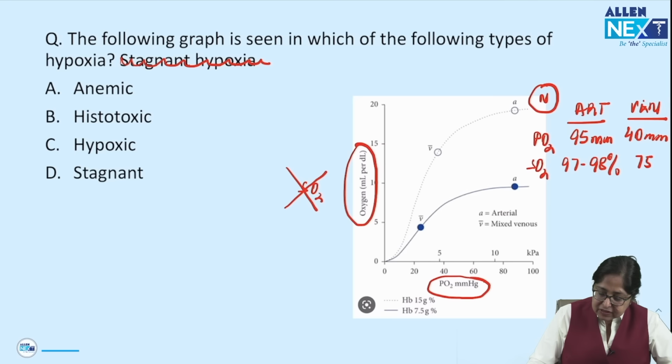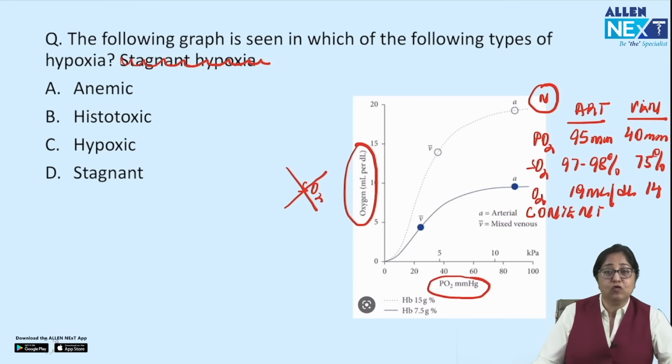Venous blood is 75% saturated. But if you talk in terms of oxygen content, in the arterial blood, it is 19 ml per 100 ml. In the venous blood, it is 14 ml per 100 ml. So here in this particular graph that was given to you, the oxygen content in ml per 100 ml was given, not the saturation.